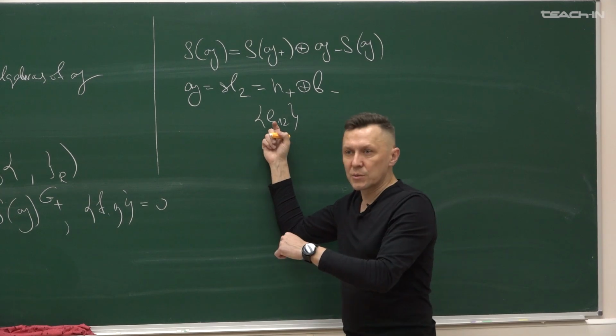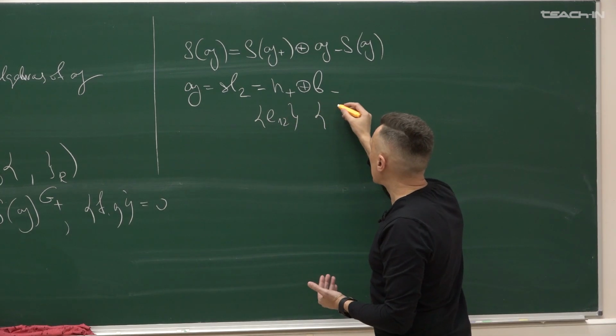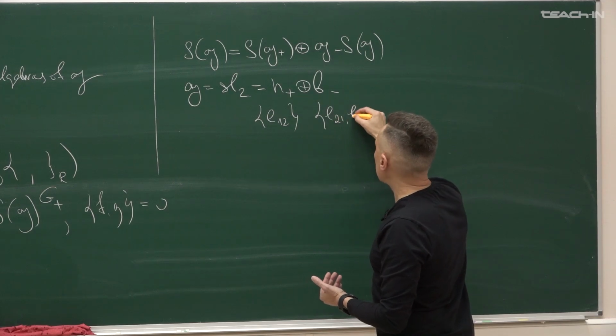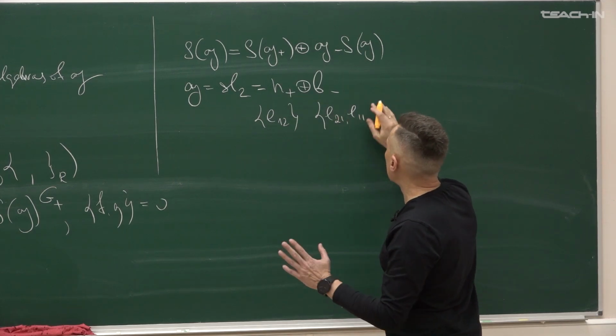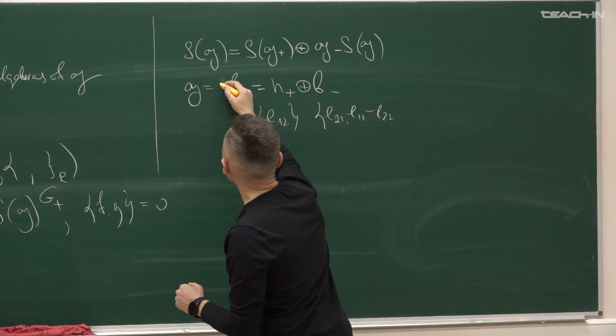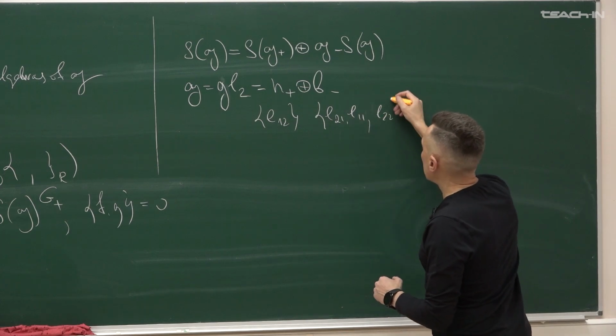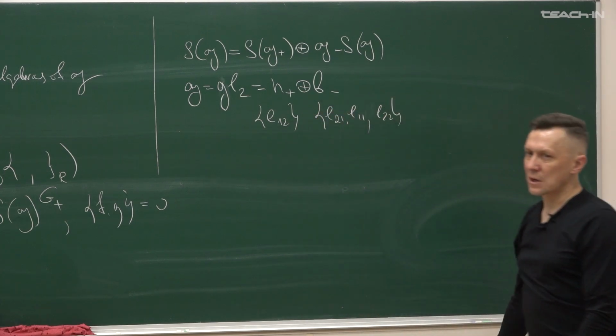There is only one element in this case. And here there are three elements, E21, E11 minus E22. Let's consider GL2, and then this subspace is three-dimensional.